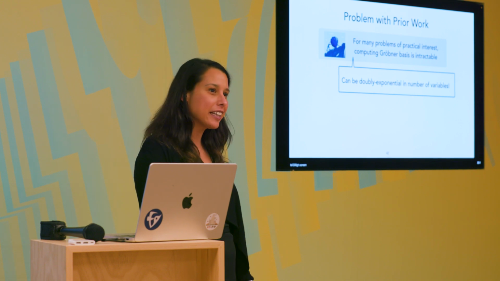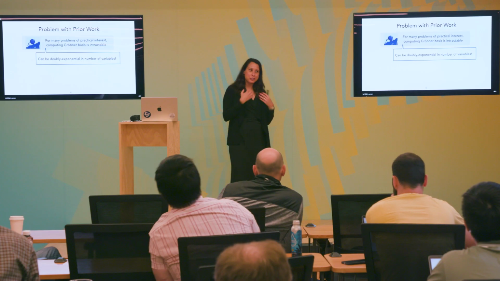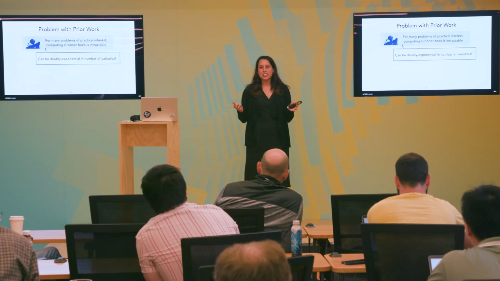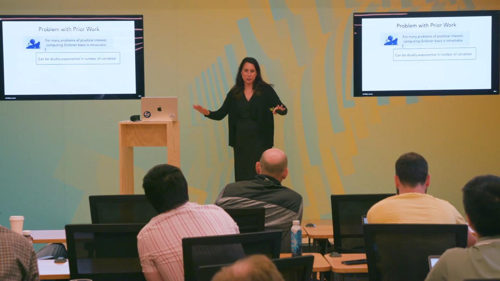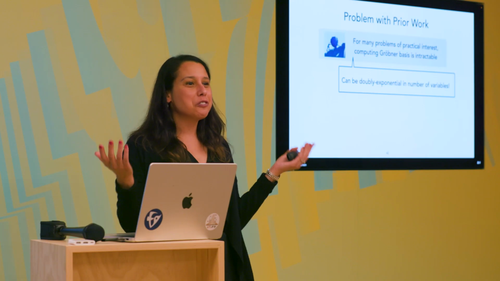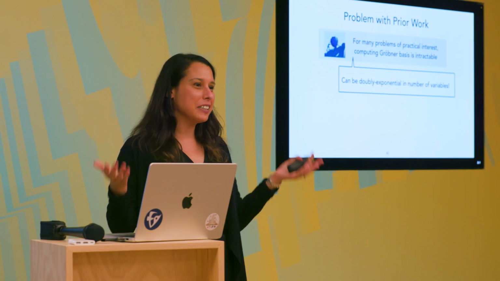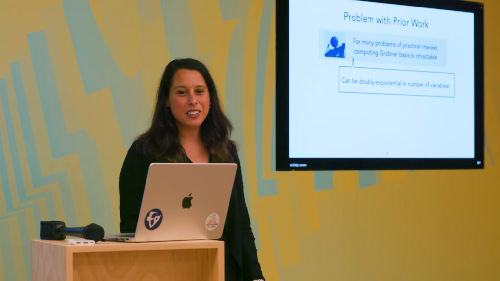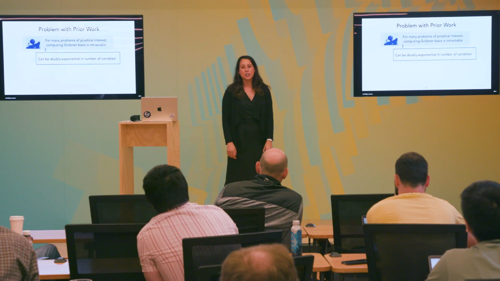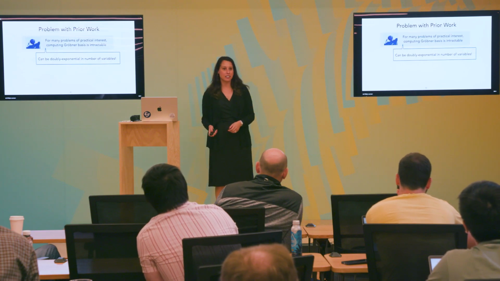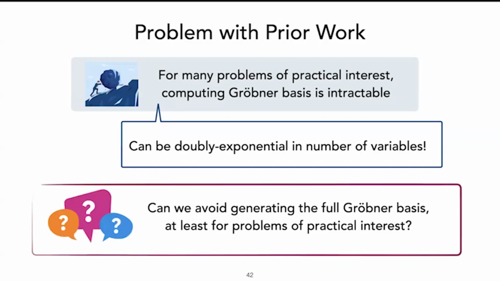In verification, if things are NP-complete, we've learned to deal with them, because SAT solvers make that the easiest problem for us. We just say, okay, that's NP-complete, not too bad. How does it work in practice? Unfortunately, in this context, for many problems of practical interest, computing a Gröbner basis does end up being intractable. So in this work, we ask: can we at least avoid computing the full Gröbner basis?